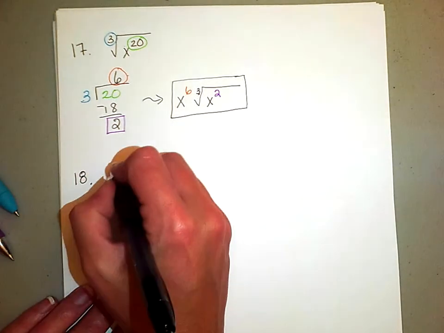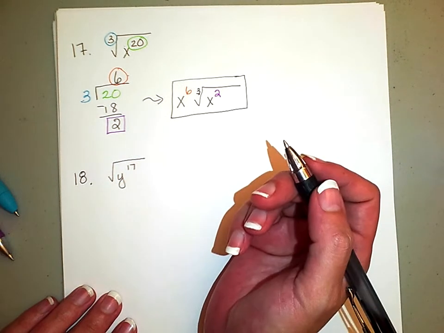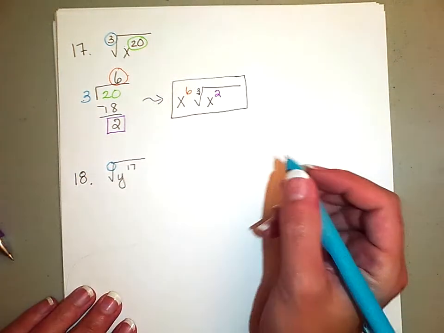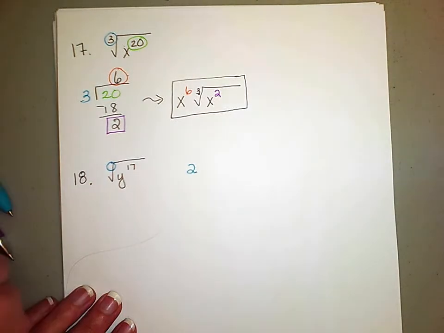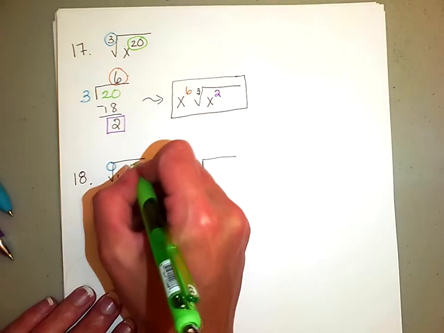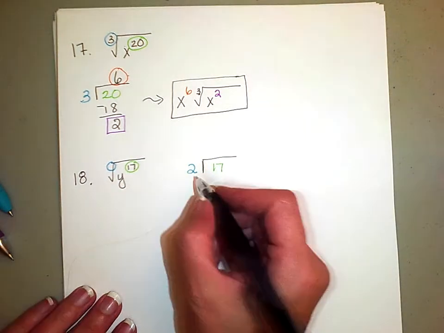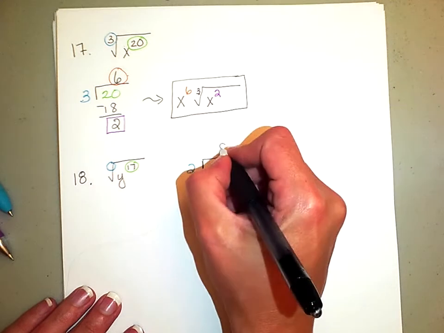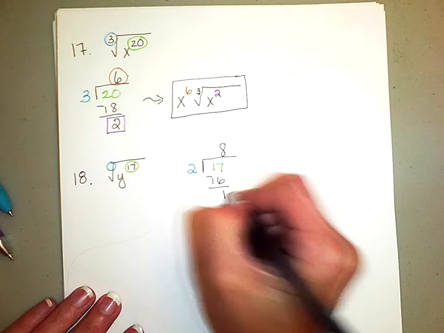Okay, square root of y to the 17th. Again, the process is the same. The 2 is missing from there, but we understand that. So we ask how many times does 2 go into 17? Two goes into 17, well, 8 and 8 are 16, so 8 complete times with a remainder of 1.